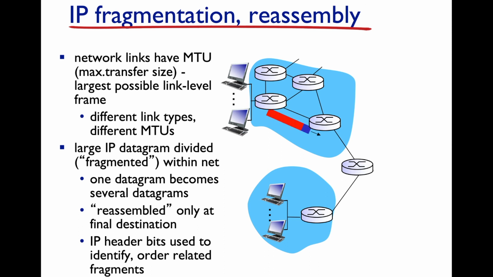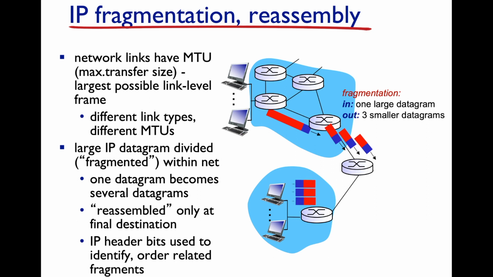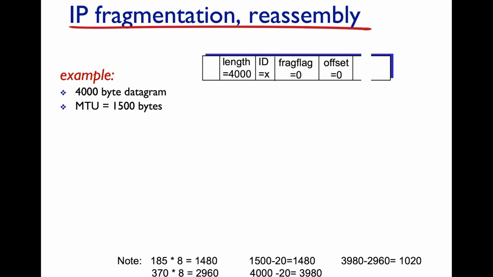So you have an incoming datagram, and when it hits the router and gets ready to go out the output link, the MTU is smaller, so it chops it up into 3 smaller pieces such that it will fit within the smaller MTU size, and then sends each one of those along the way. Each of those 3 pieces makes its way to the destination and is reassembled into the original larger message using IP header information.